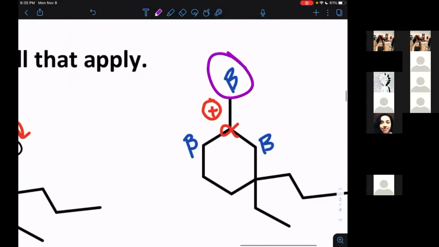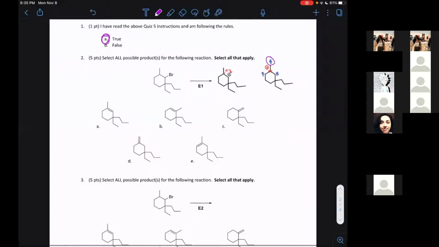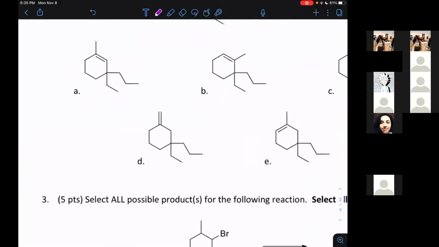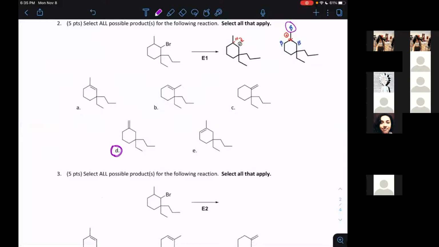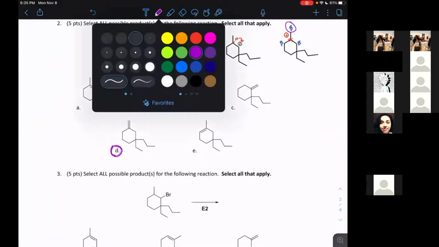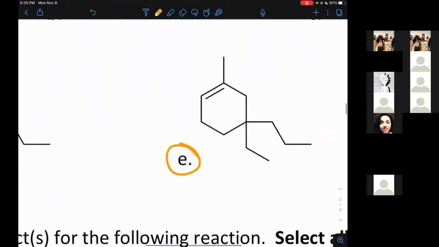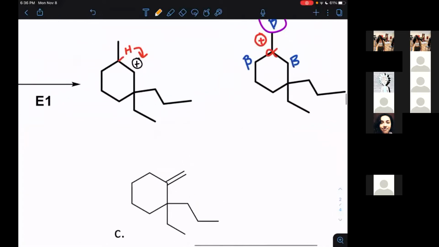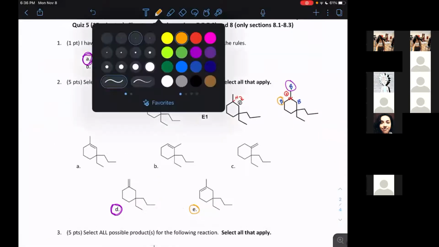Okay. The top one, if that one were the one that were chosen. Oh, wait. Yeah, all possible products, including minor products, I'm sure. So one of them will be D. And then if we go the other way, E is one of them. And then A is another one.